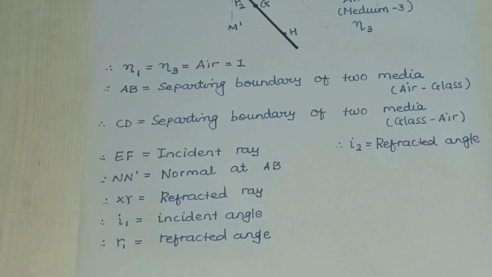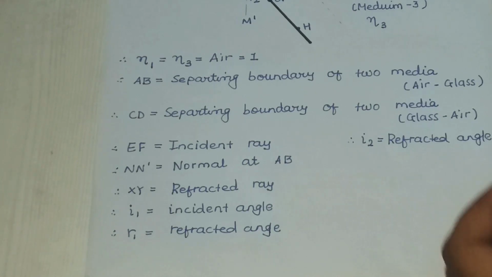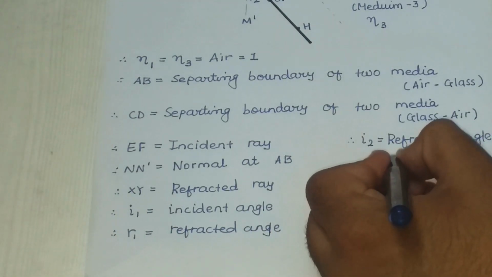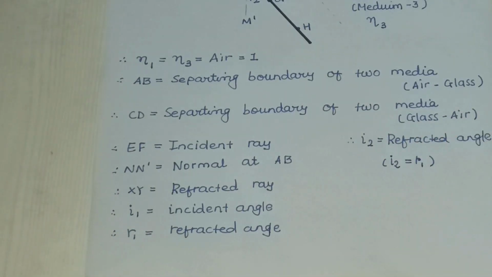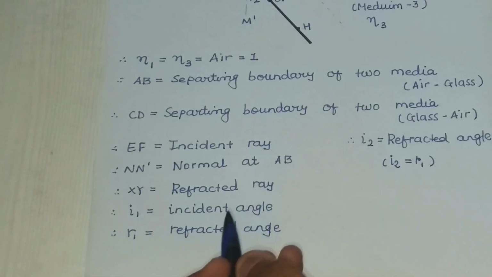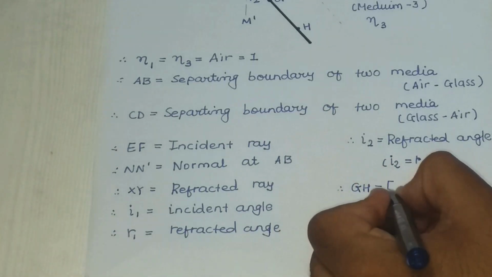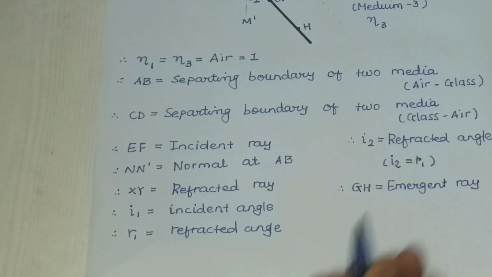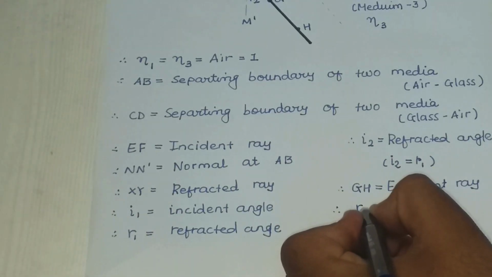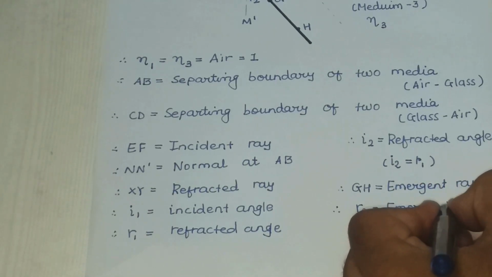And dear students, you can see in this figure R1 and I2 are both in the same medium, so I2 and R1 are both the same. Now GH is known as the emergent ray. R2 is known as the emergent angle.